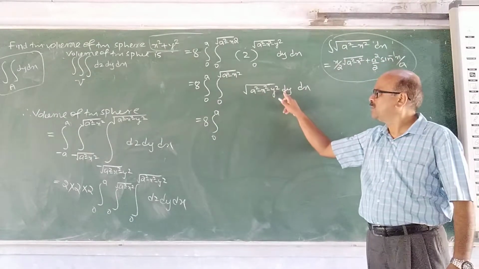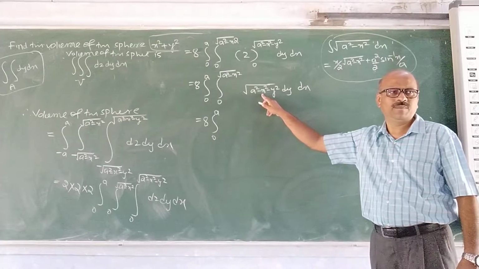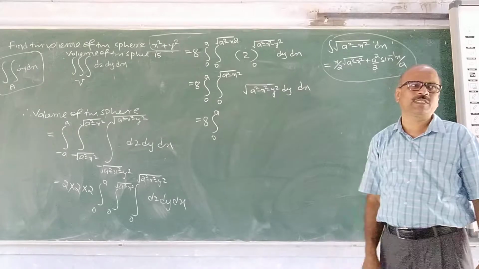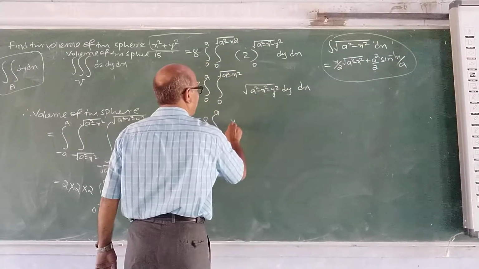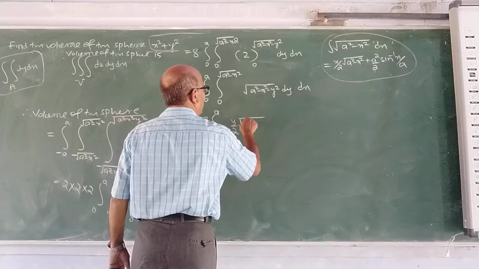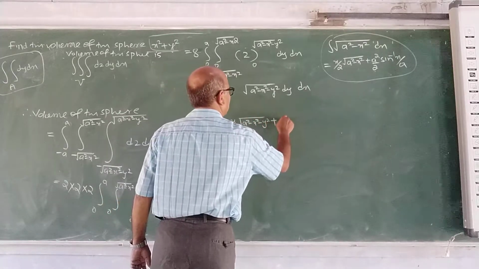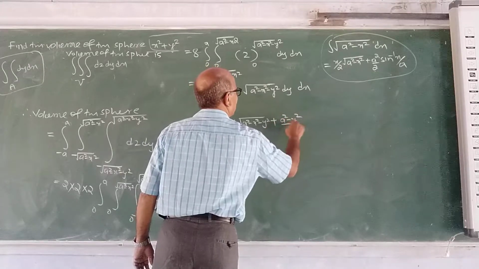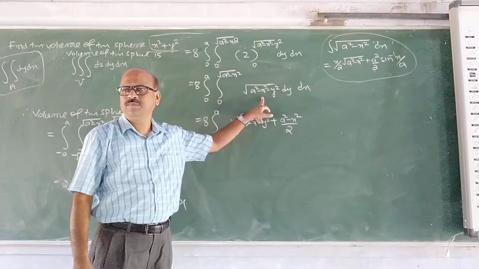While integrating with respect to y, a square minus x square is constant. So how do you apply the formula? Y by 2 square root of a square minus x square minus y square, plus a square minus x square by 2, where a square minus x square is constant.